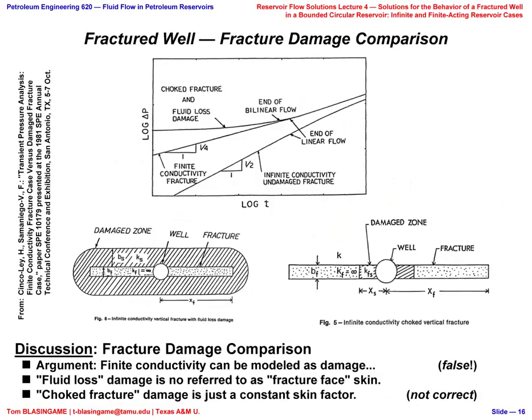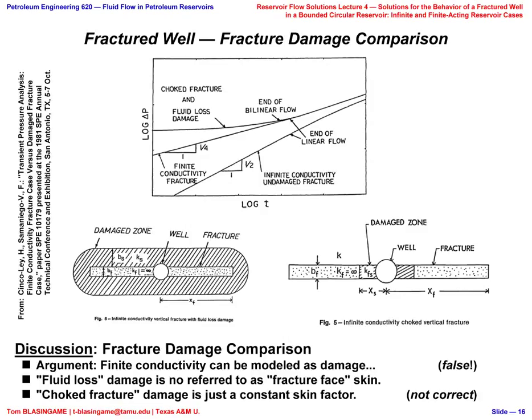Next is the great debate. Okay. You know how you can never convince some people about some things? Pretend this is the 1970s. You're the pioneer. You came up with the idea of a finite conductivity vertically fractured well solution. And somebody else has another idea.